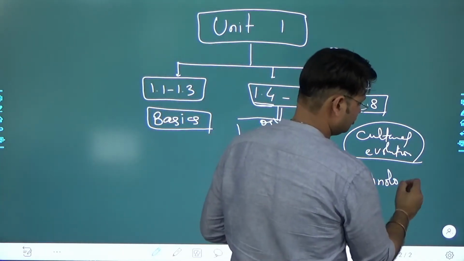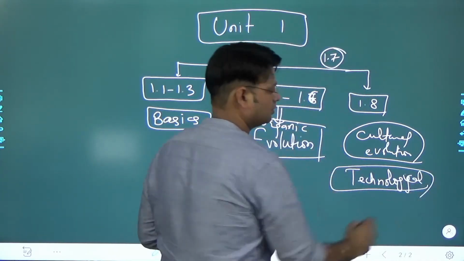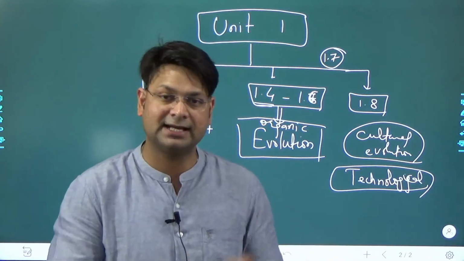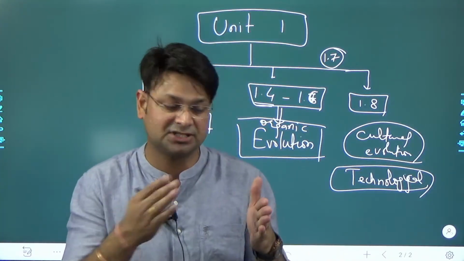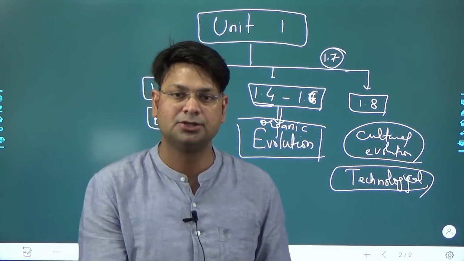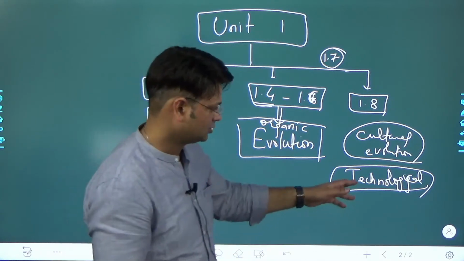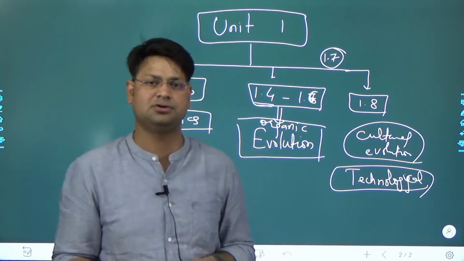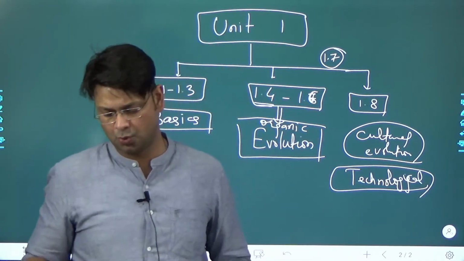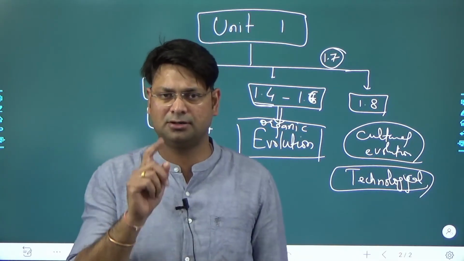Between Paleolithic and Mesolithic, what changed? The change was basically a change of technology, refinement of tools, better use of the tools that were there, more efficient tools. So there was improvement in technology. Everything will be there in unit 1. So this is for unit 1.